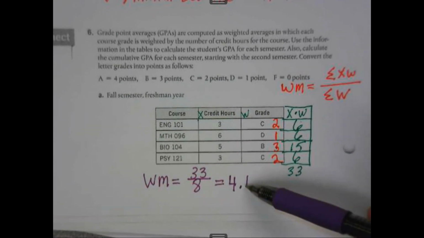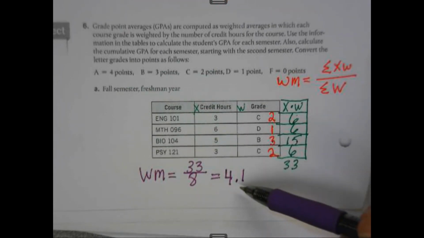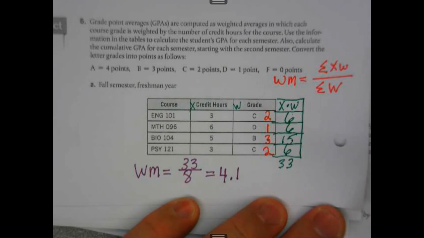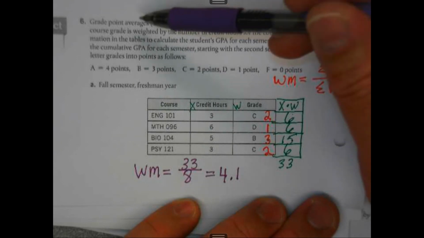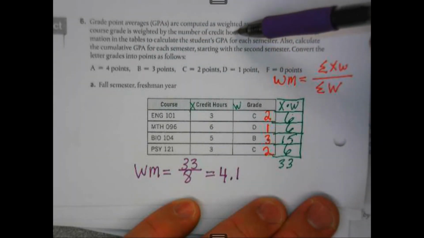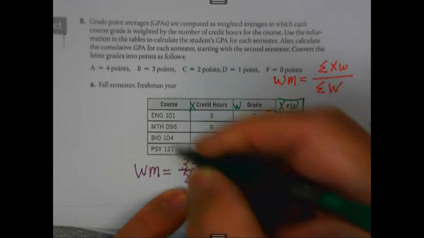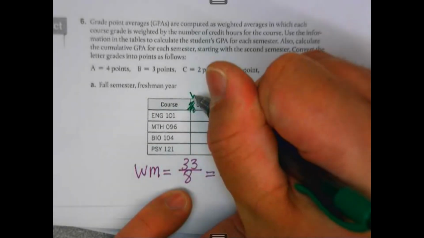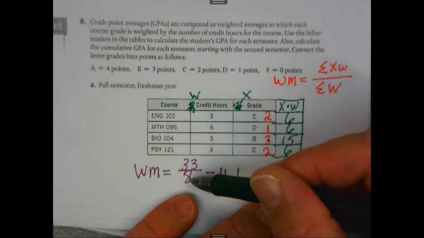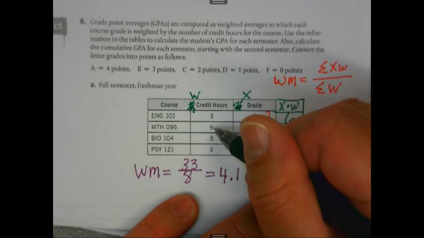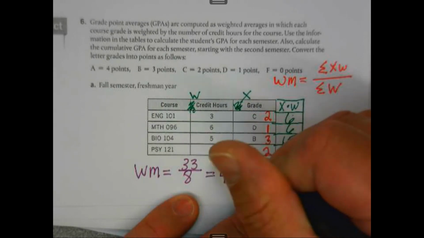Okay, so I'm looking at this number, and 4.1 is more than an A. So something's wrong. I did something wrong. Let's see. I'm going to go back here and read. GPAs are computed as weighted averages, weighted by the number of credit hours. So my weight is actually the credit hours. I got these backwards. Okay, so my weight, I should have divided this by, see, 3, 6, 9, 14, 17.